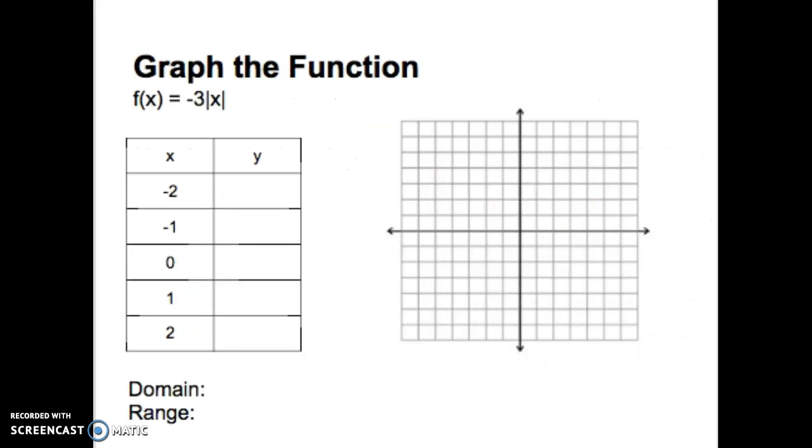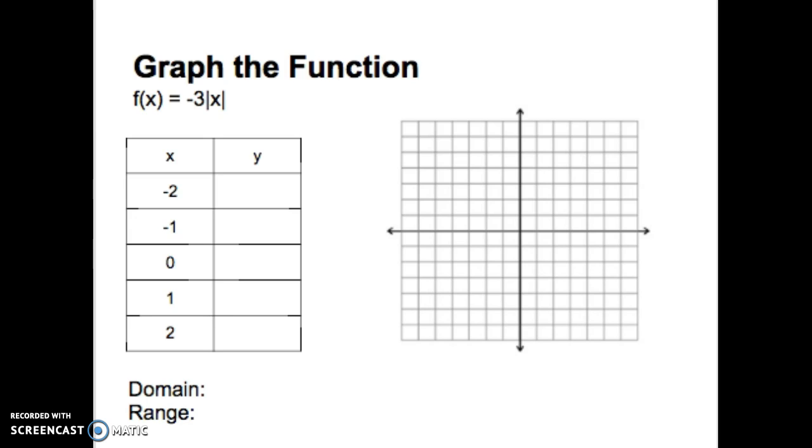While we do have a set process of how to solve these, essentially it just equates to plugging numbers into an X, Y chart and then graphing our V-shaped graph, and then labeling our domain and range.